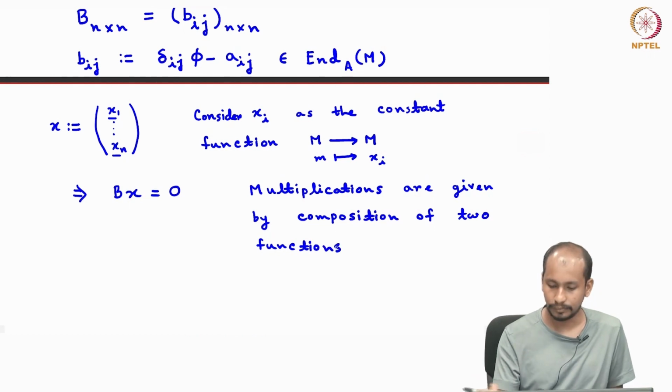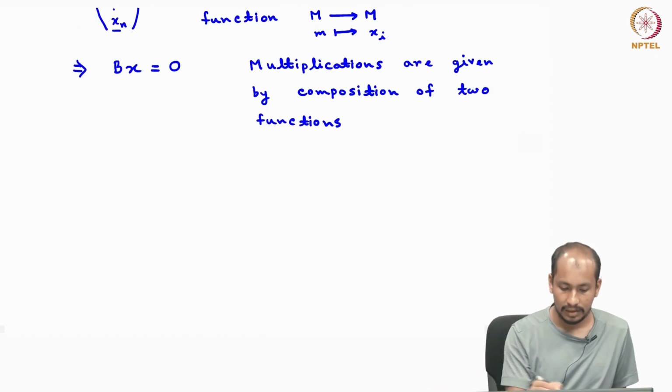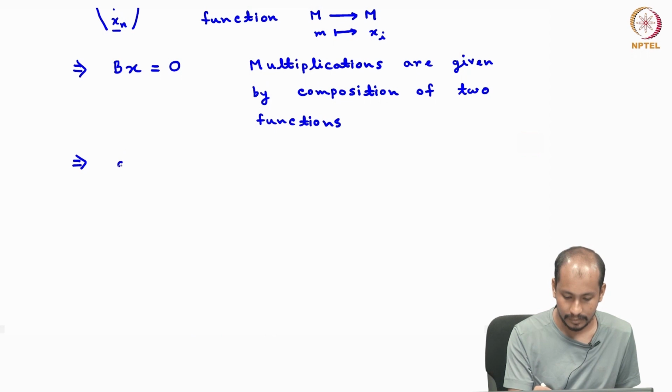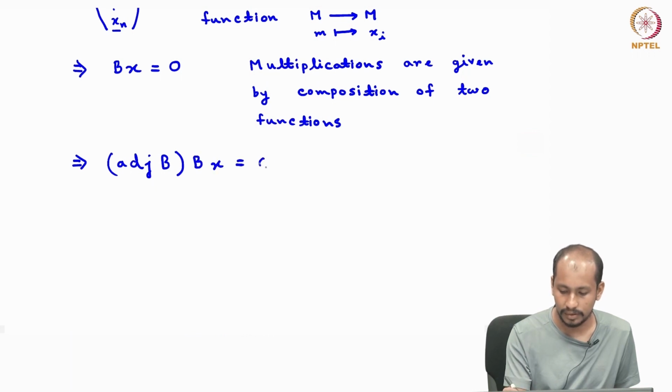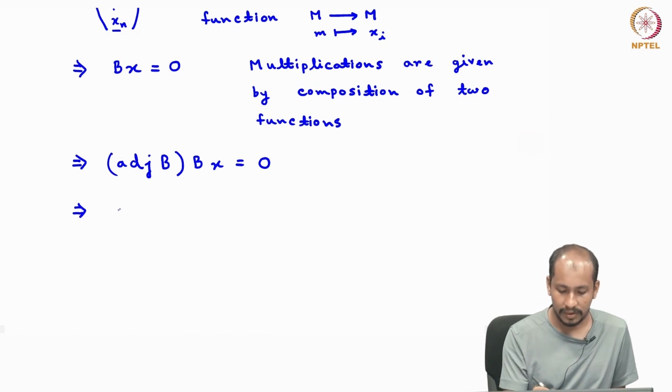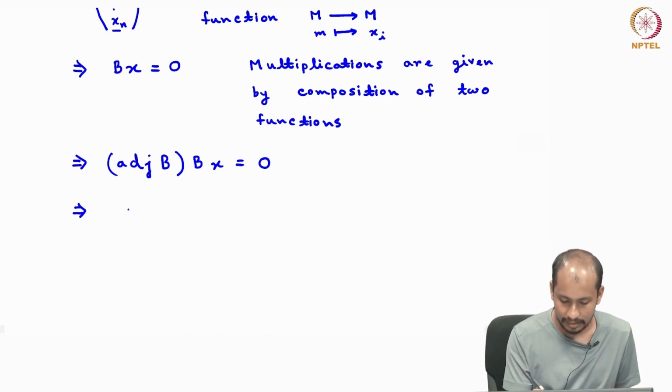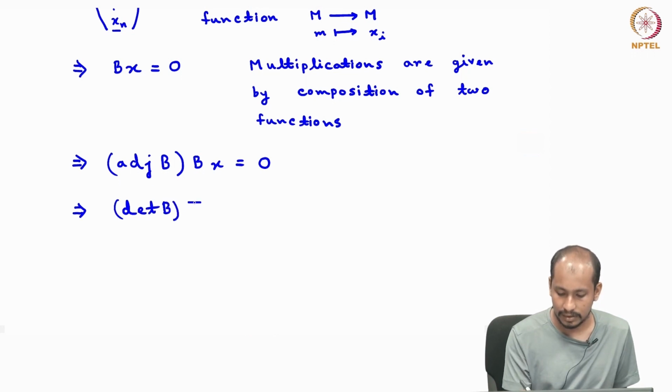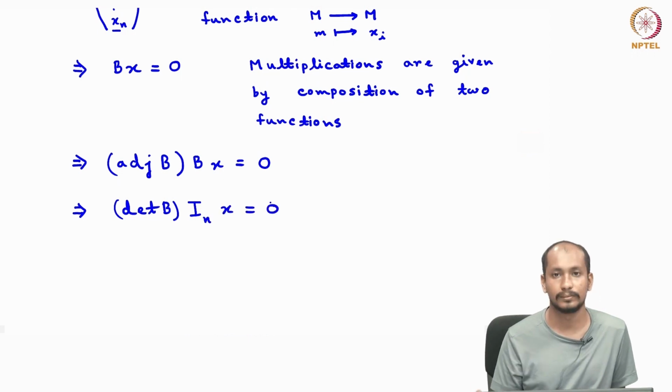Now we multiply the adjoint of the matrix B on both sides: adjoint of B times Bx equals 0. Now from the properties of determinants, we get determinant of B times the n cross n identity matrix times x equals 0.